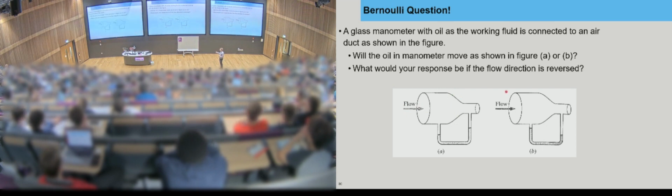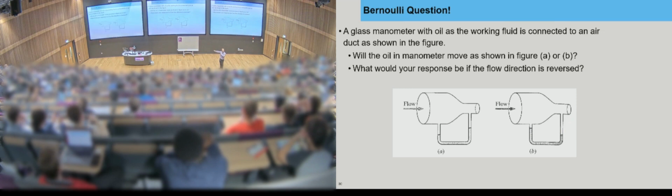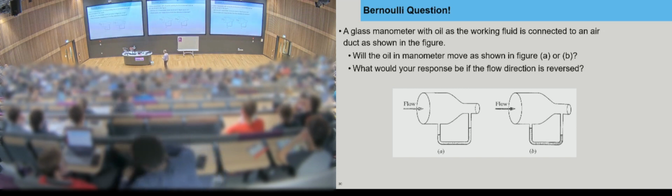Will the oil in the manometer move like this, so that it's lower on the left and higher on the right? Or will it move like this, so that it's higher on the left and lower on the right? And then, what would happen if you change the flow direction? What would the fluid in that manometer do? That's the question for you to think about.